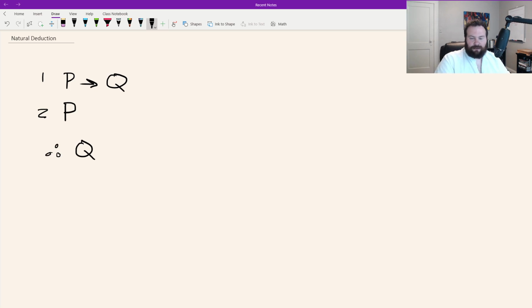This is called modus ponens, right? This is modus ponens, and we can use this as an inference rule whenever we see a conditional, right? So if you see something like if A, then B, and you know that A is true, well, guess what has to be true? B. And we know that because of modus ponens.